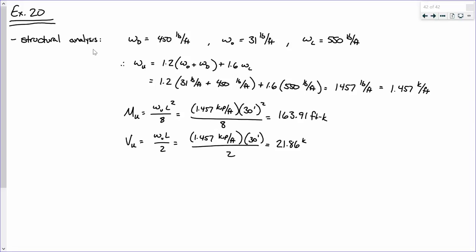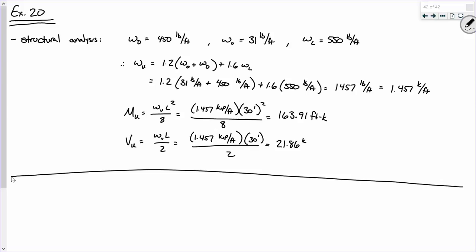Sound good? Now I want everybody to be clear on a couple things that you see in these tables so that you're aware where this stuff comes from. Okay, so let's look at the W16 by 31. All right, first off, what is the ZX for a W16 by 31? Now you can look that up either in table 1.1 or in the ZX charts.